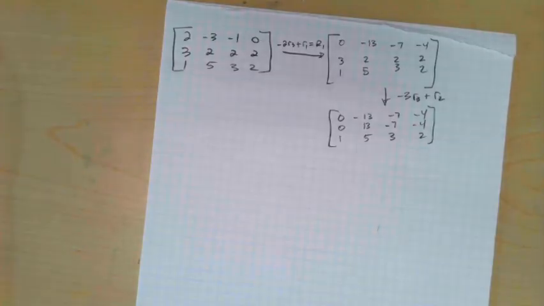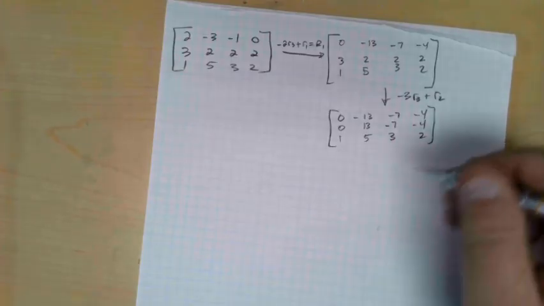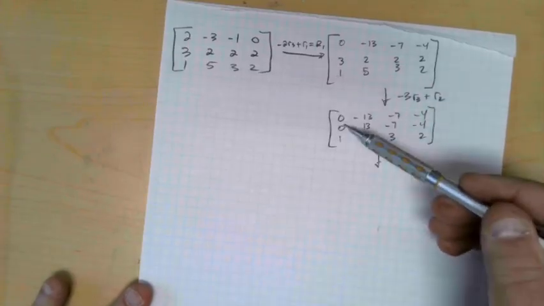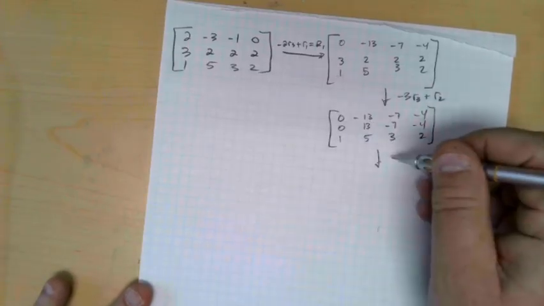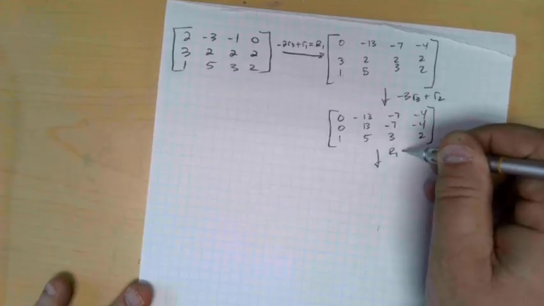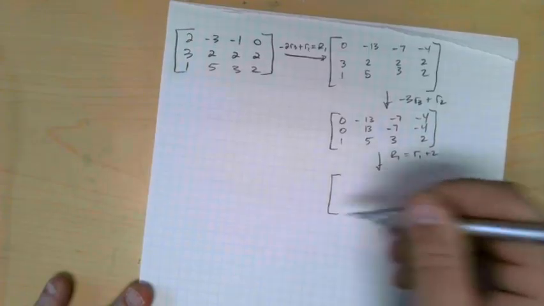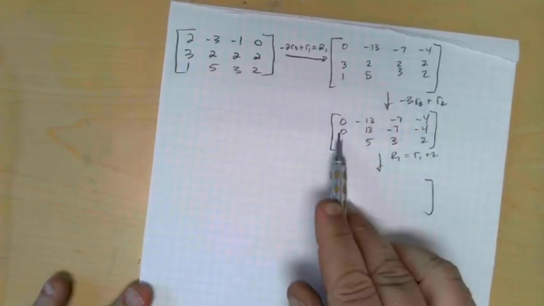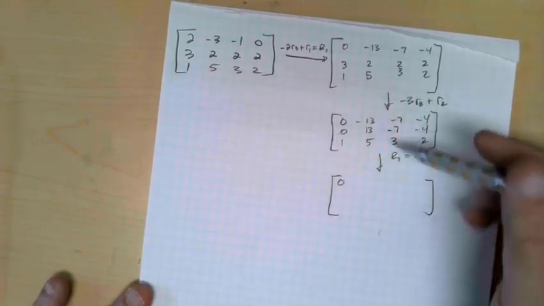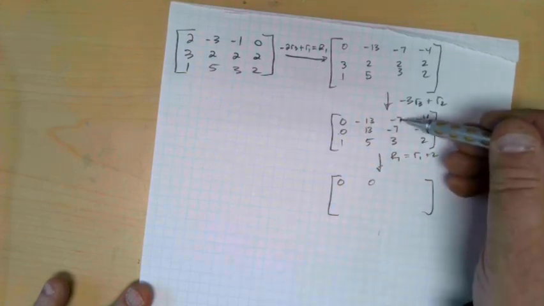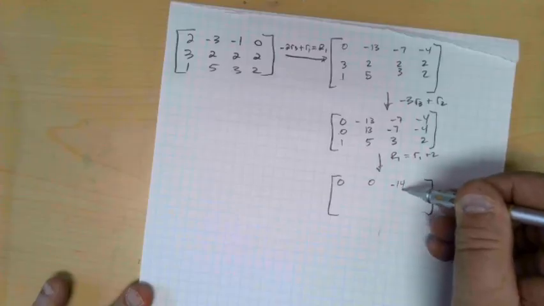Now, I'm seeing what's going to happen here, because if I look at this, I know that I can add these together and it's going to eliminate these. So I'm going to just add row 1 and row 2 together and make a new row 1. 0 plus 0 is 0. 13 plus the -13 is 0. -7 plus -7 is -14.